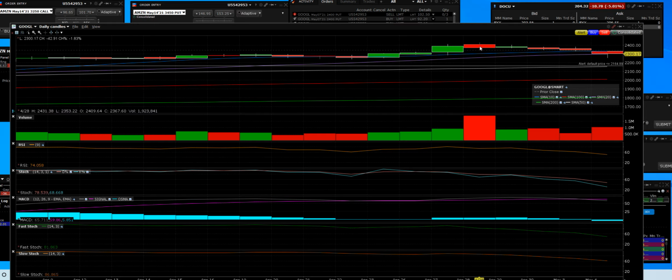It opened at 2409 and closed at 2367 on that day when we made those highs. So you do the math. You take that 2431 and then you take today's low of 2256 and subtract them, and that is going to give you your dollar point pullback to these moving averages.